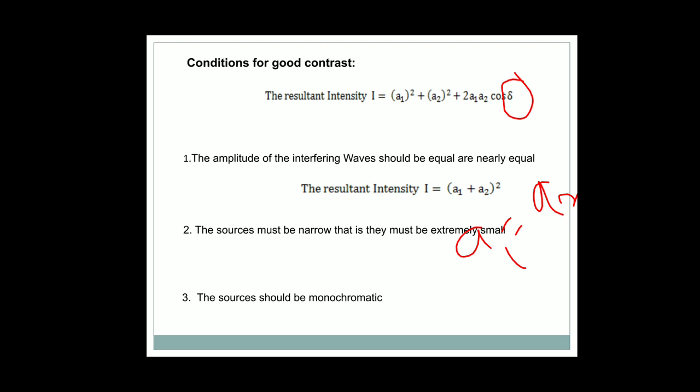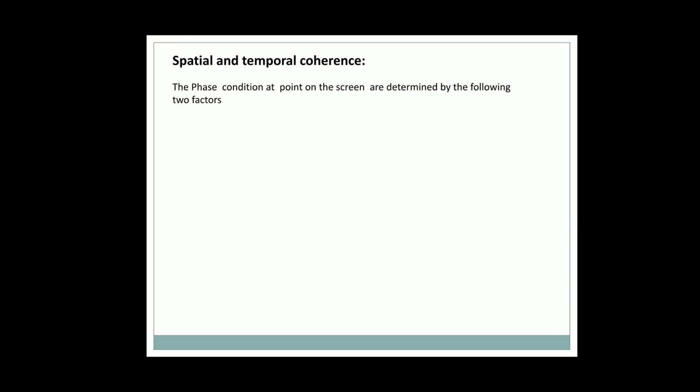It is nothing but a single wavelength or a single color. If the source is a single color, then the interference fringes can be seen in the same color. If it is white light or multicolored, the interference fringes are very faint. These are the special conditions to observe the interference accurately.